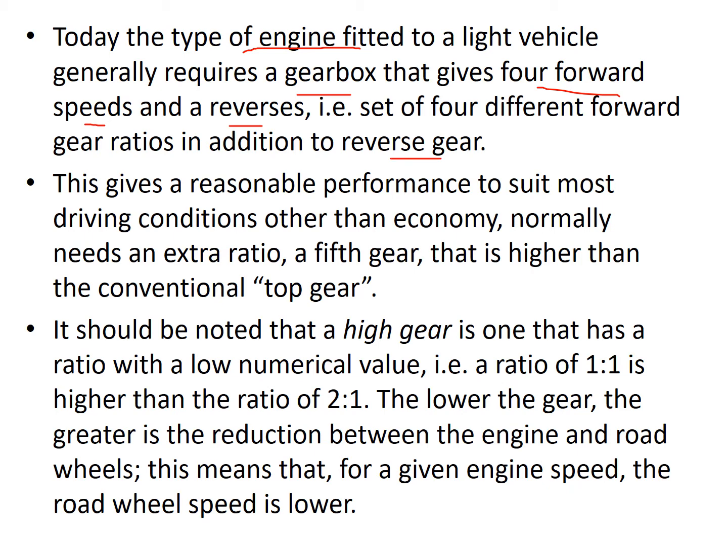For reverse gear you usually only have one ratio, because it is not often used. This gives a reasonable performance to suit most driving conditions other than economy, and normally needs an extra ratio for a fifth gear.